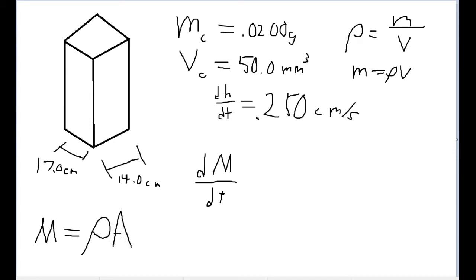So when we have a derivative of the big mass with respect to time, we can rewrite this as d of density times the cross-sectional area times the height over dt.